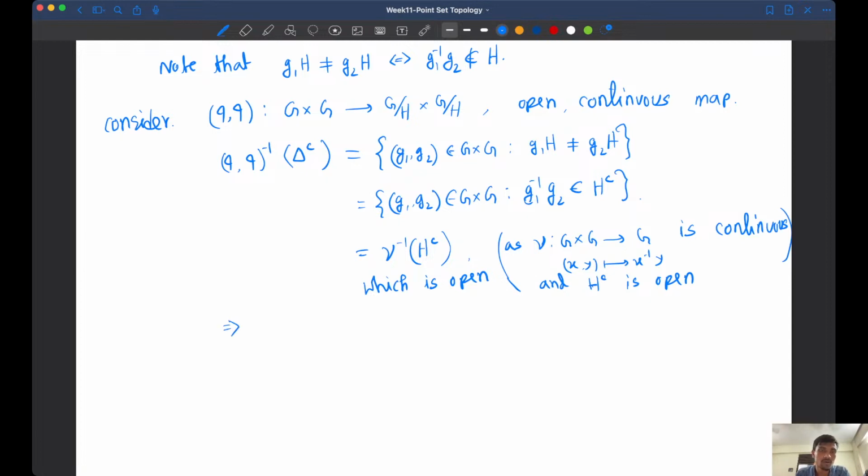And this Q comma Q inverse of delta complement is open. Does that imply this delta complement is open? Yes, it's continuous only. It's continuous, but I'm saying something else, right? On the right hand side I am saying this is open, but I have to say this about the delta complement, which is on the right hand side.